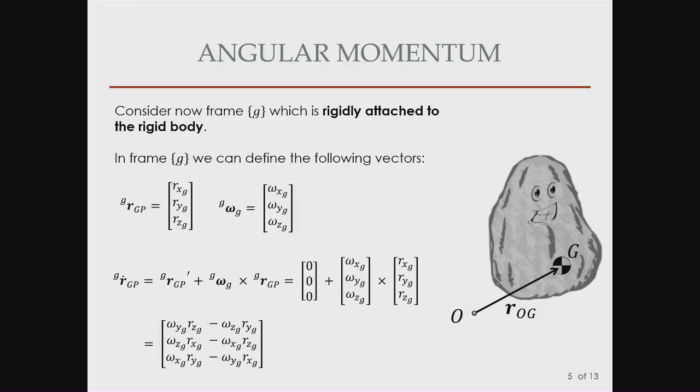Okay, so I defined components along the coordinates of the green coordinate system for the vector going from G to P. Remember that this vector GP is going to change throughout the integration because I'm traveling across the rigid body. For each point P, I check what this is.